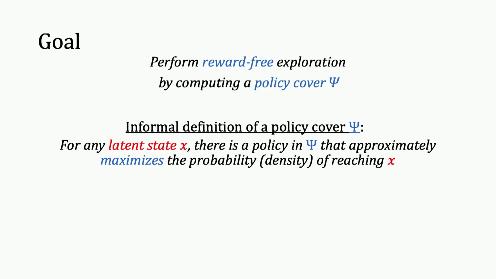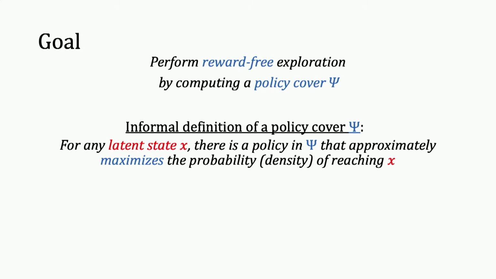Still informally, but more formally, for any latent state X, we would like to have a policy in this collection that approximately maximizes the probability density of reaching the state X. So it doesn't say that we'll definitely reach it, but it says that if it's reachable by some policy, then by looking at our collection of policies, we'll reach it with maybe probability one tenth of that.